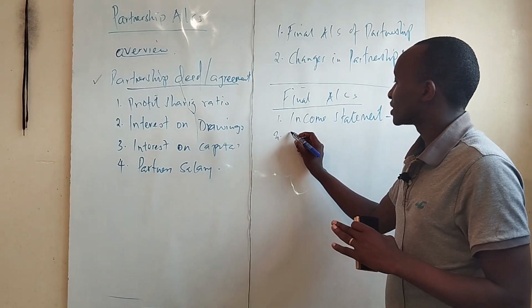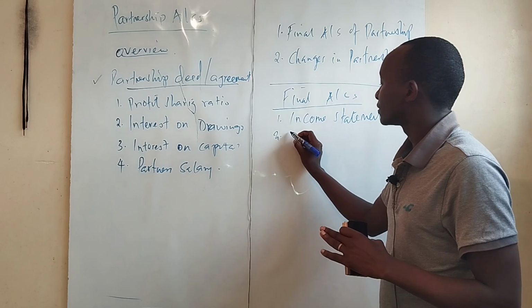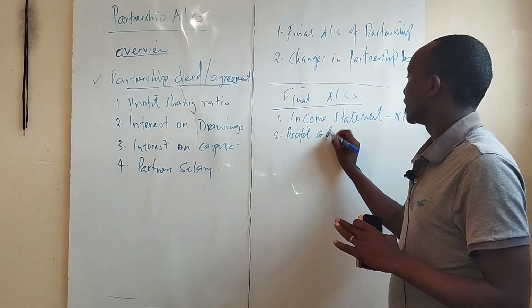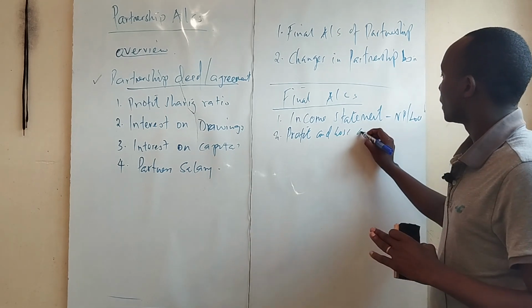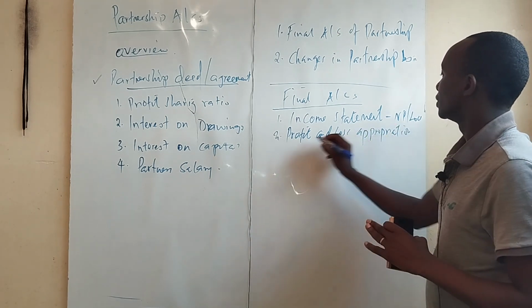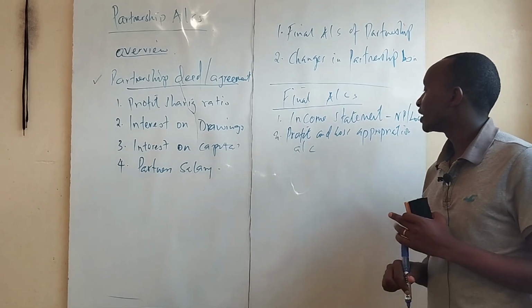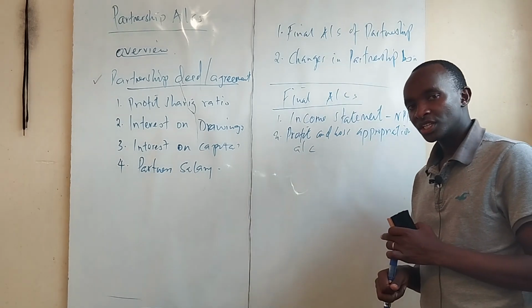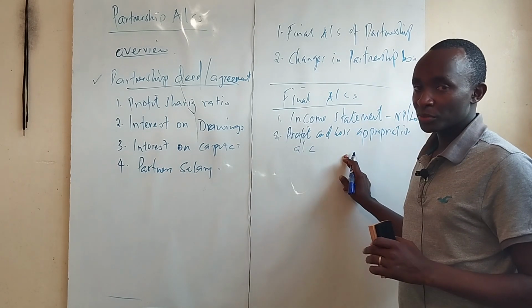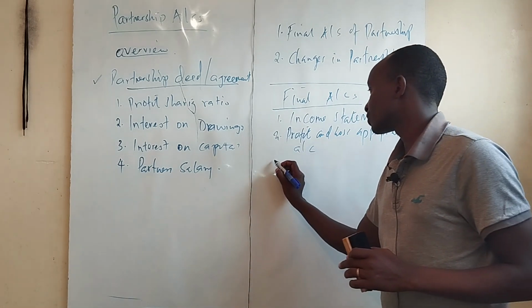It's known as the profit and loss appropriation account. So this one is not in the sole proprietorship. I will show you how to go about it.